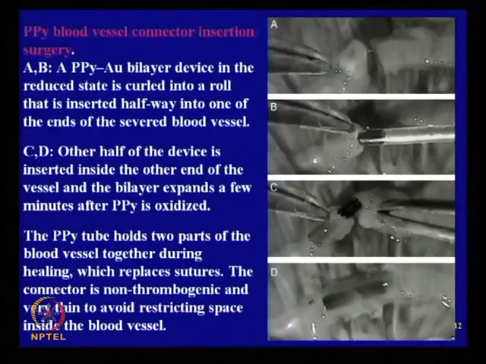So, it fits the blood vessel tightly, without any stitching. So, it connects the two parts of the blood vessels. So, these blood vessel connectors are made from such conducting polymer gold bilayer devices, exploiting their mechanical response obtained from this oxidation reduction phenomena.